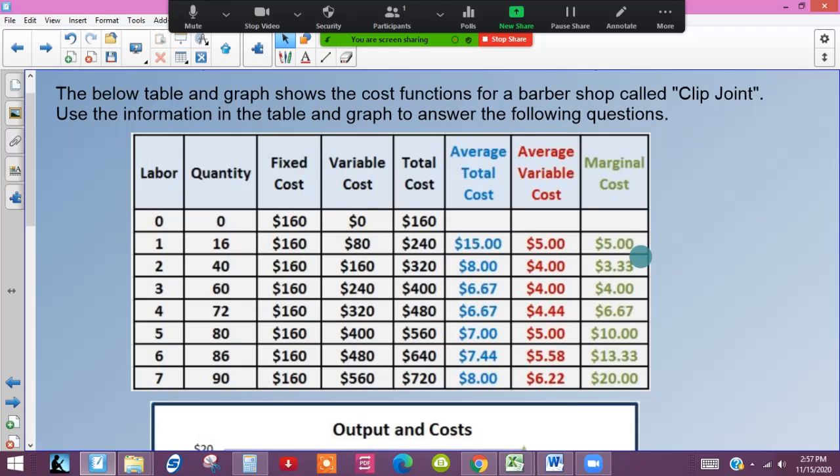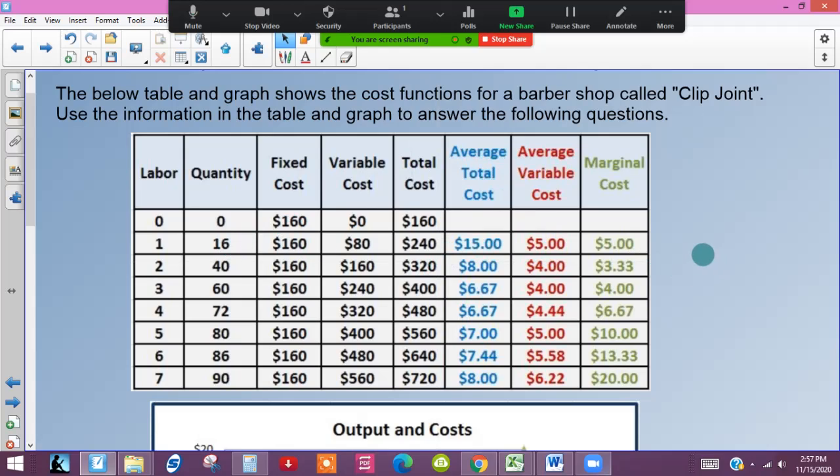So it's very easy to see how to do the first two right here. For average total cost, you take the total cost and simply divide it by the quantity.